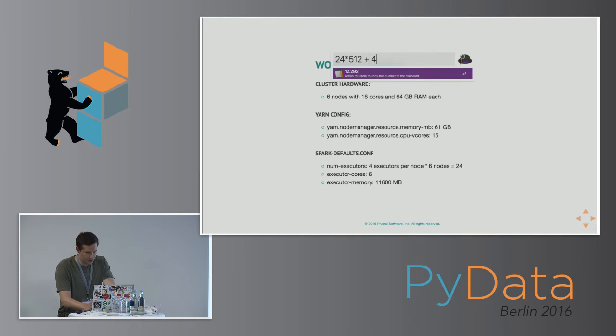And then for your JVM, you have 4 executors, and each of those executors gets 11,600 megabytes of RAM. So that gives you roughly 59 gigabytes of allocated RAM, which leaves a little bit of 2 gigabytes of headroom. You should always leave a little bit of space to avoid out-of-memory errors. Does that answer your question? Okay.